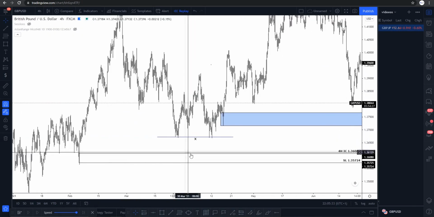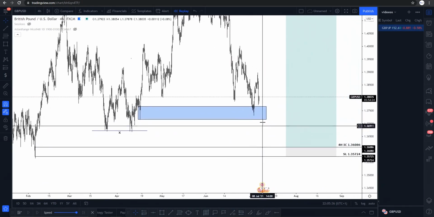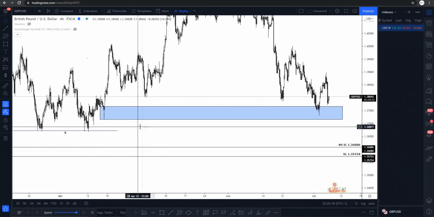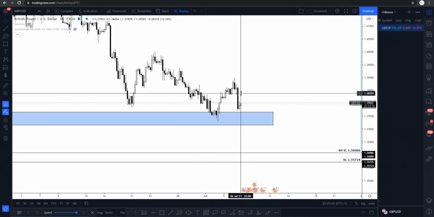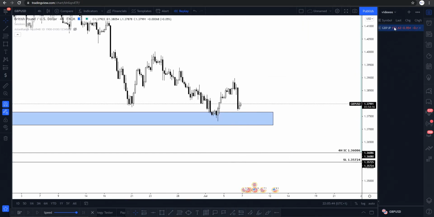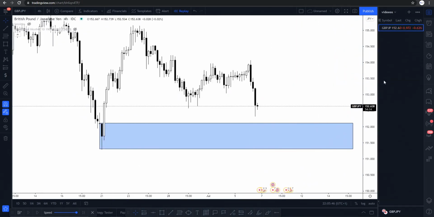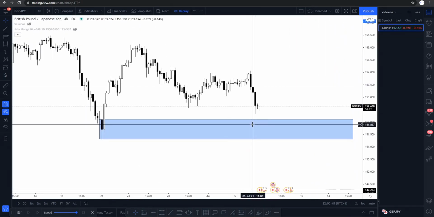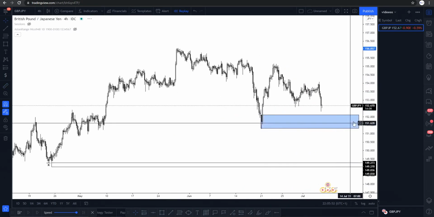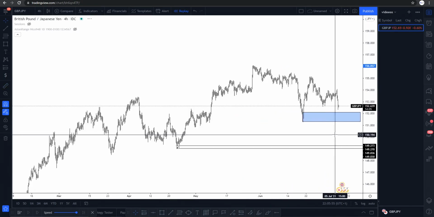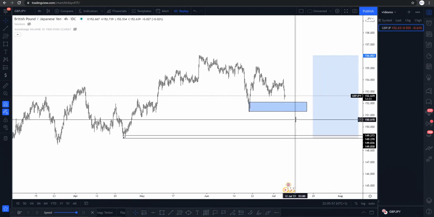Liquidity resting above it, and boom, we're just expecting price to come back down into here. Now there was another IC, like I said, right here that you could have expected a nice decent retracement back off of. Now if you look at GJ, I'm expecting the same thing. I want to see GJ tap into this point of interest, and then from here you can look for a decent, maybe 150 pip move, or 50 to 100 pip moves, but then overall we're expecting it to go lower.